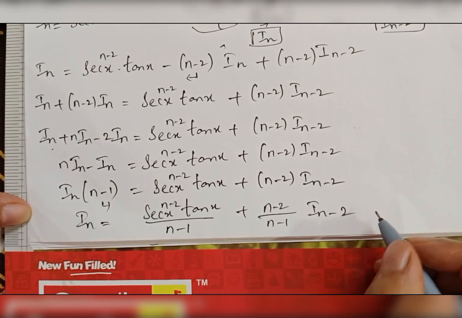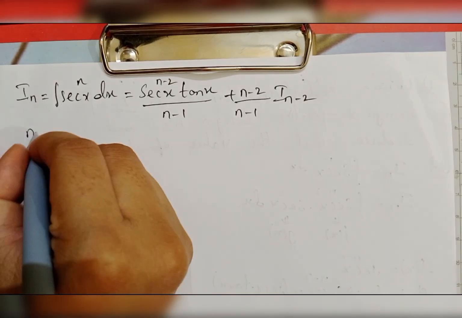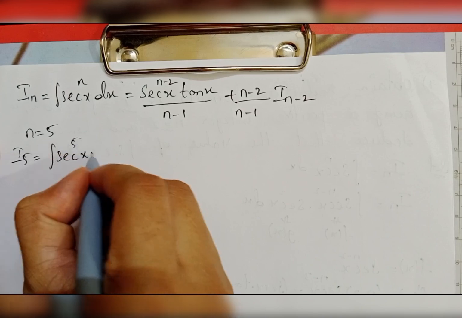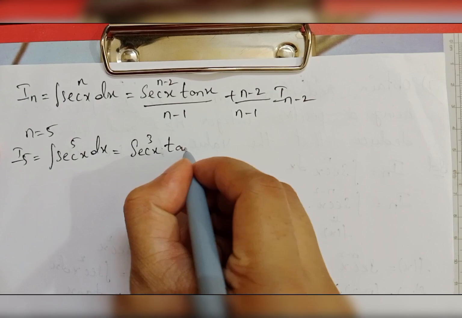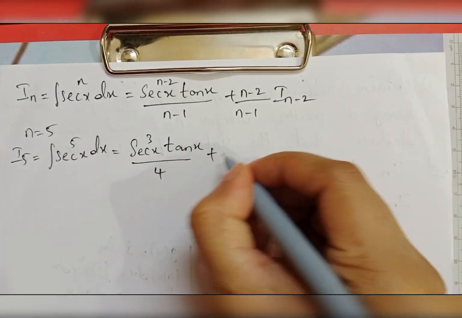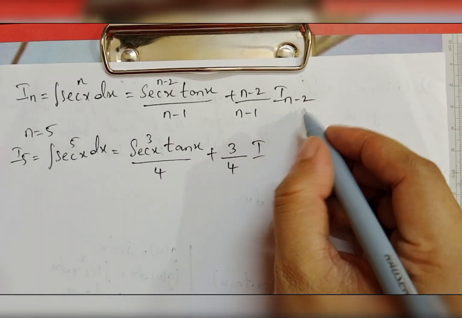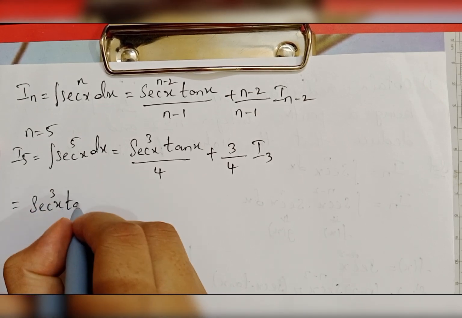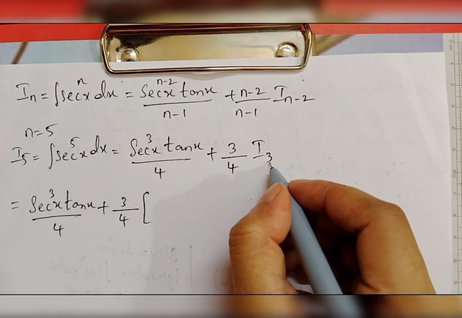Now we have to solve for n is equal to 5, so we'll substitute n as 5. I_5 is equal to integral secant x power 5 dx, which is equal to secant x power 5 minus 2 is 3 into tan x by 5 minus 1 is 4, plus 5 minus 2 is 3 by n minus 1 which is 4 into I_3. So secant cube x tan x by 4 plus 3 by 4 into I_3.